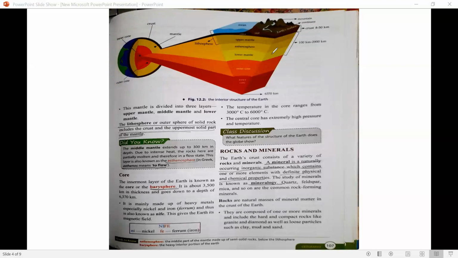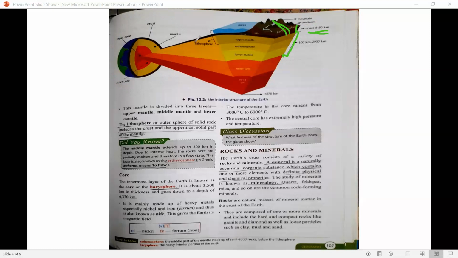As we can see, the crust extends from 8 kilometers to 50 kilometers in depth. The mantle, which contains three layers inside it, extends from 100 kilometers to 2900 kilometers after the crust.